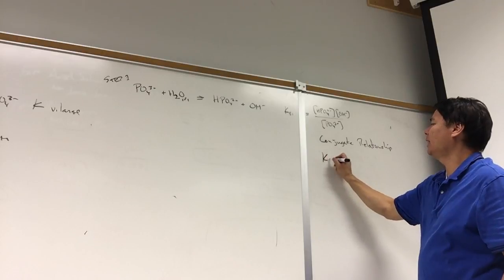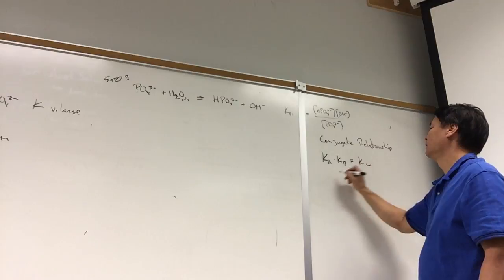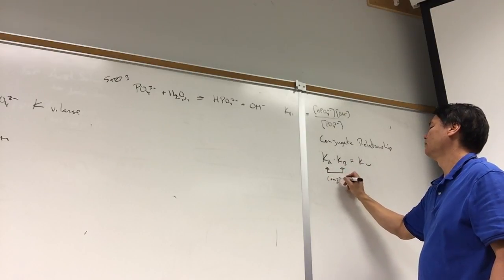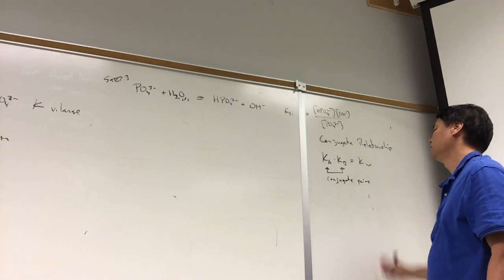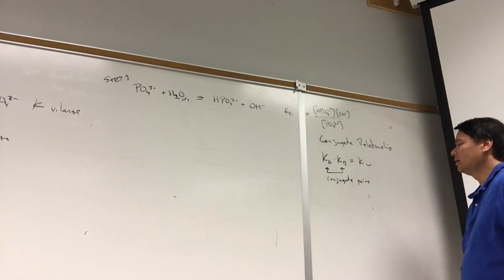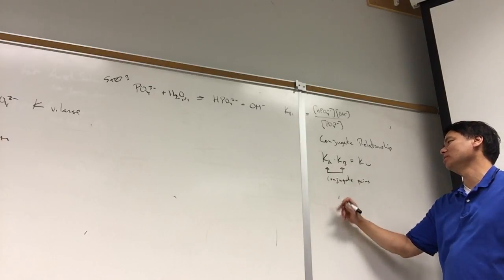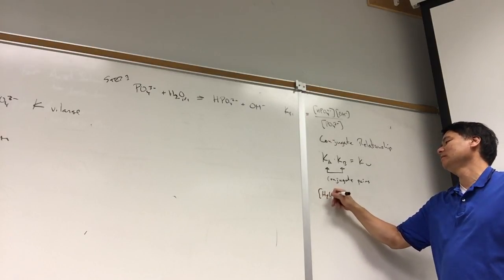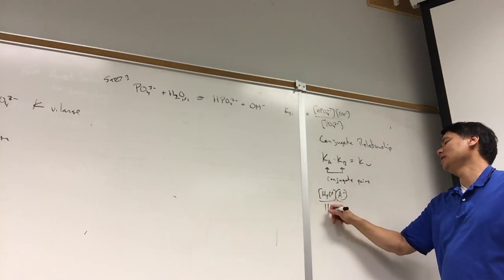It turns out that Ka times Kb is equal to Kw. These are for conjugate pairs. We could do a quick calculation to show that this holds. If they're conjugate pairs, then the Ka is going to be the hydronium times the A minus divided by the HA concentration.